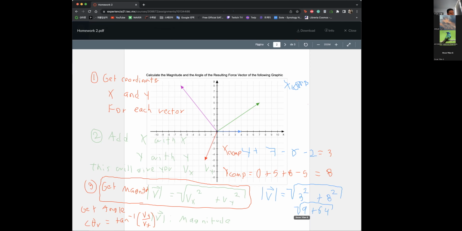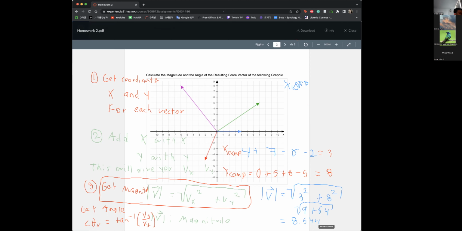The square root of that, and what's the value of that? Can you do it in your calculator? The square root of 73, so it's 8.54. Exactly, and that's going to be the magnitude.